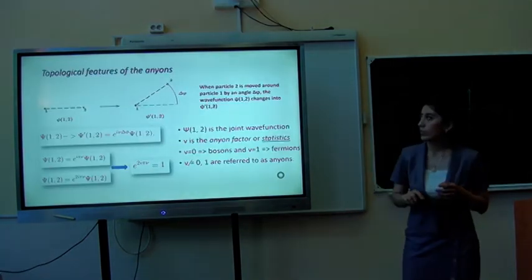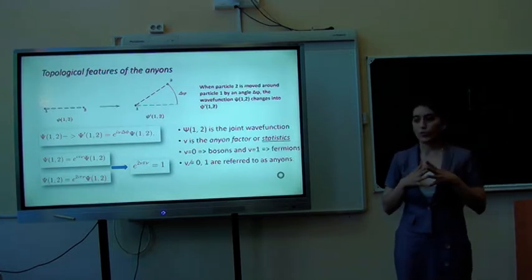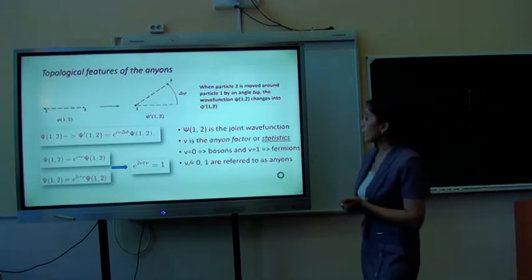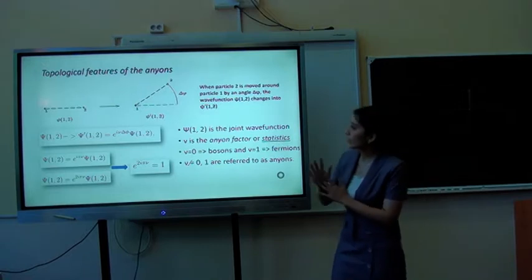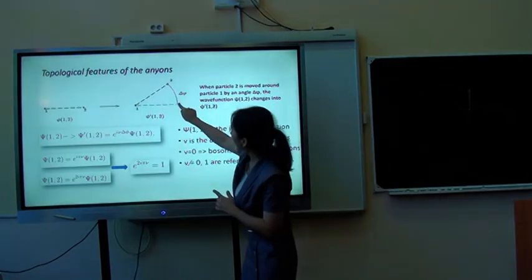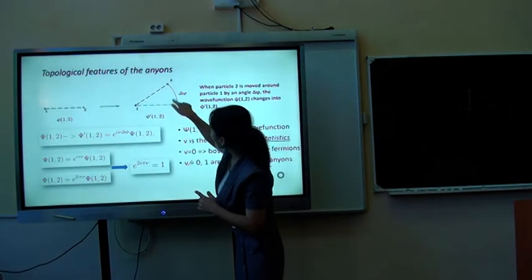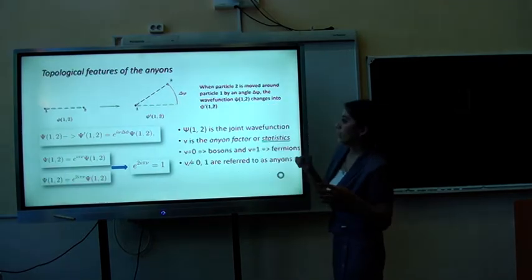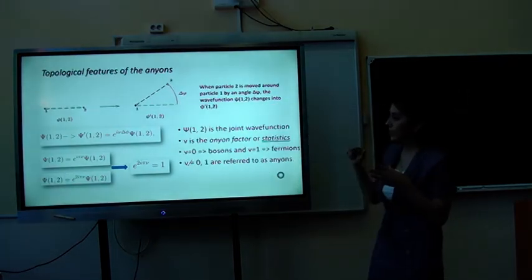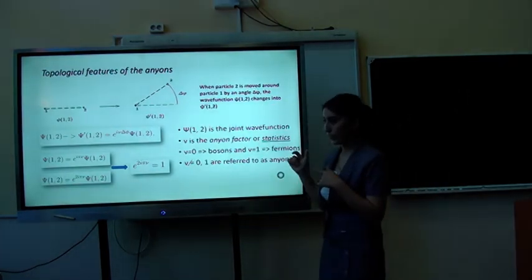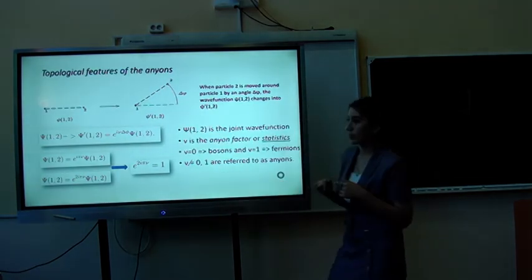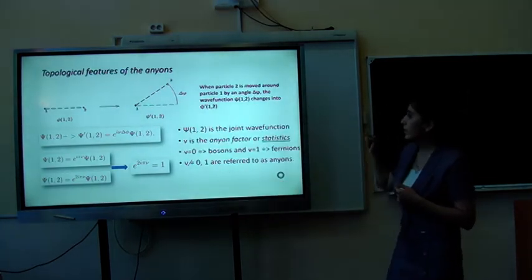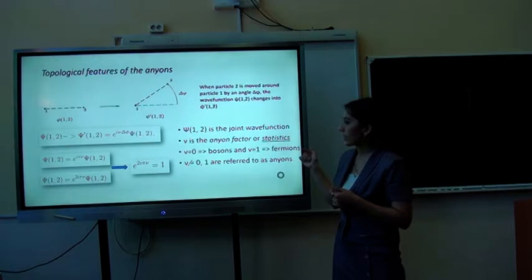Well, first of all, I would like to introduce the topological features of the anions. Imagine that we have two identical particles, and if we move the second particle around the first one, the wave function will shift, and it will shift to psi prime 1, 2. So here, delta phi is an angle.